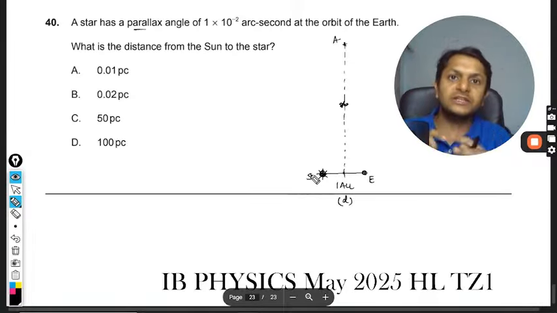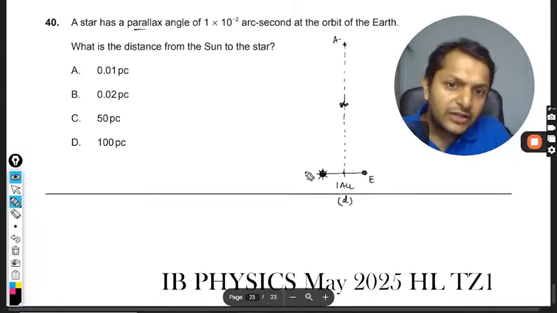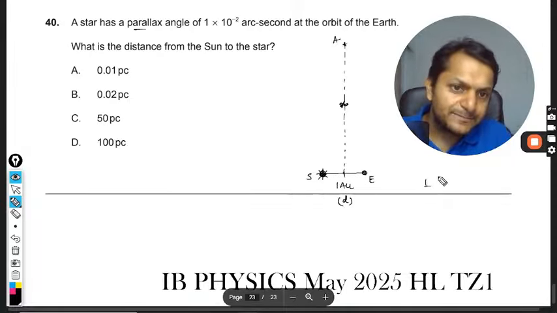Let me tell you the extent of that. Now this is 1 AU. So what is 1 parsec?